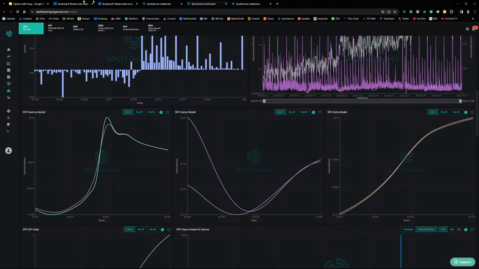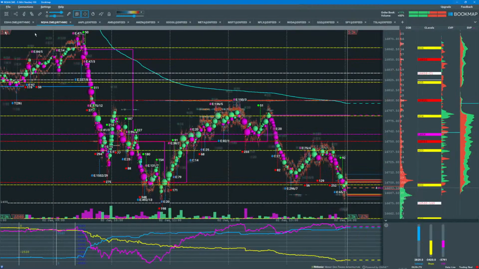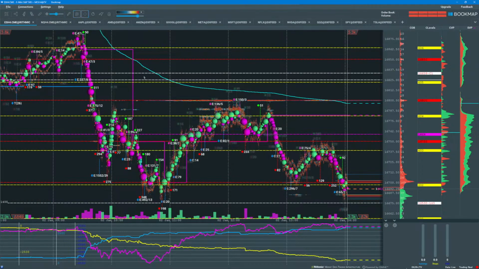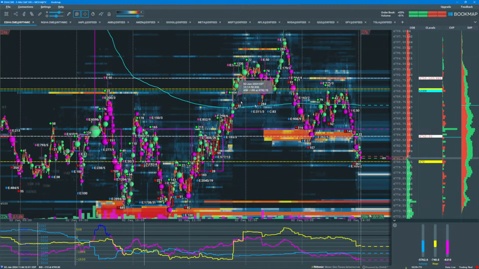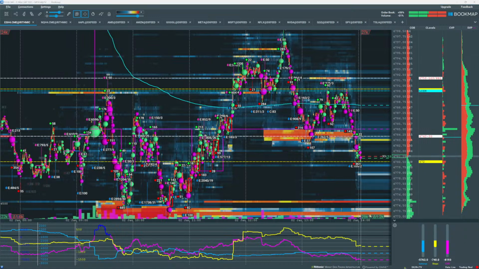Let's go to Bookmap. Let's go back to ES. So in Bookmap, the unfilled orders are shown in the order book, sell orders and buy orders.